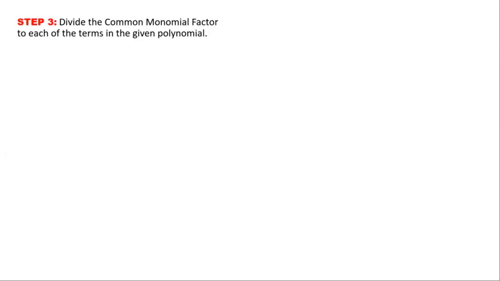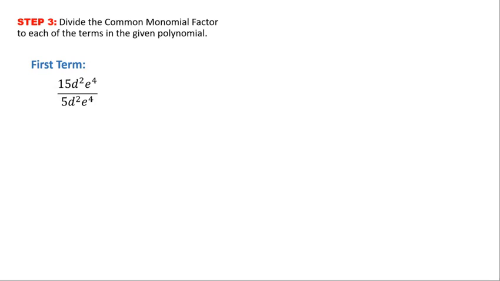Now, after kunin yung common monomial factor, we will now proceed with step 3. Divide the common monomial factor to each of the terms in the given polynomial. So let's start with dividing the common monomial factor to the first term. We have 15d squared e to the power of 4 divided by 5d squared e to the power of 4.